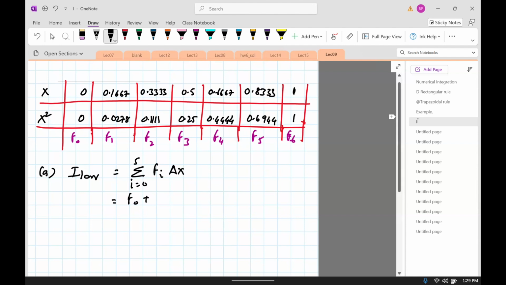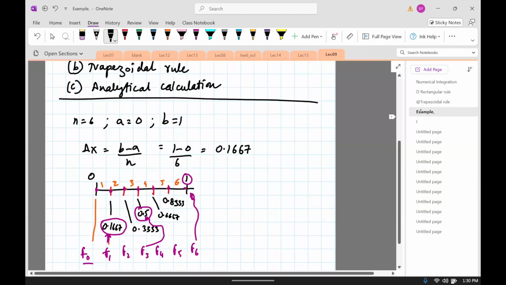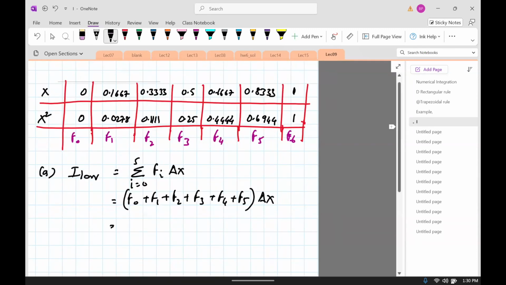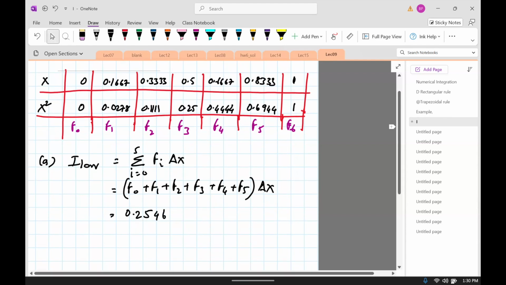So F0 plus F1 plus F2 plus F3 plus F4 plus F5 times dx. Dx is given to us, it's 0.1667. And then F0s are straight from this table. If you do that math, it comes out to be 0.2546.